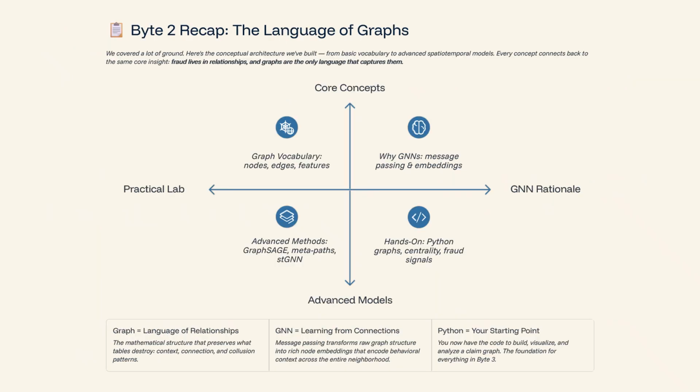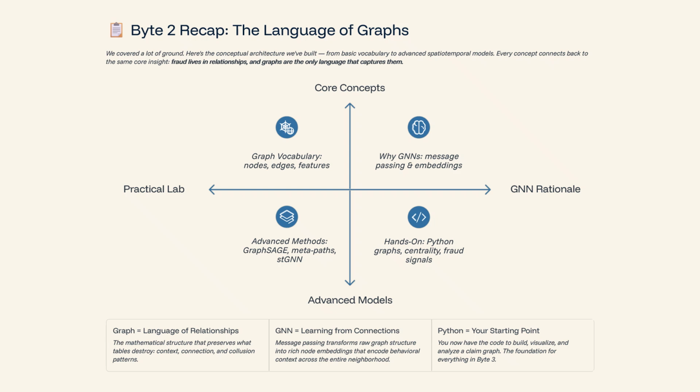Let's take a moment to zoom out and appreciate how much ground we have covered today. We started with graph vocabulary, nodes, edges, and features or attributes, the building blocks of everything that followed. We built the case for why GNNs are the right tool: message passing, neighborhood aggregation, and learning embeddings that encode relational context.